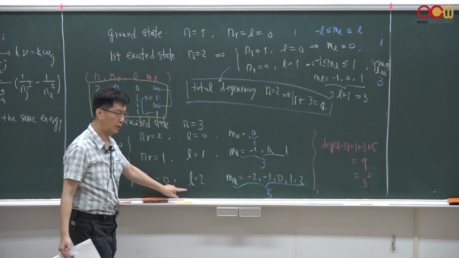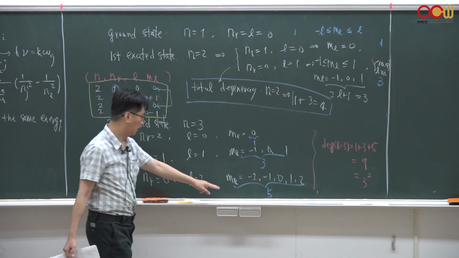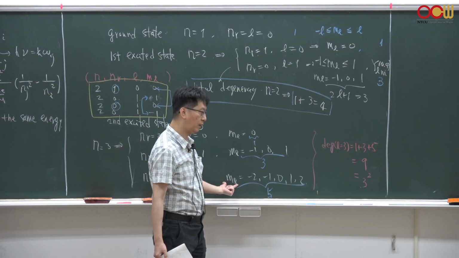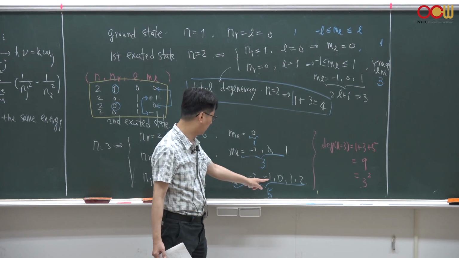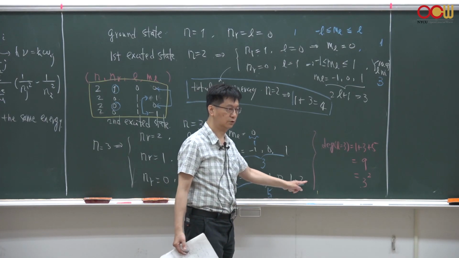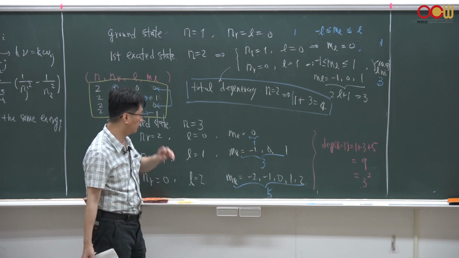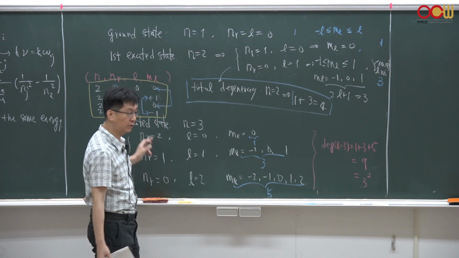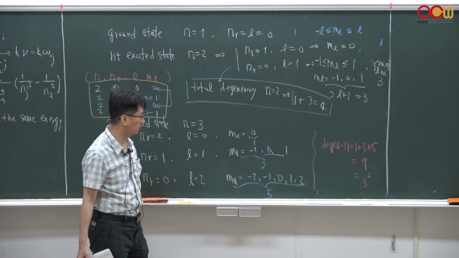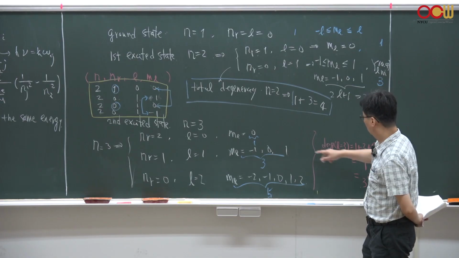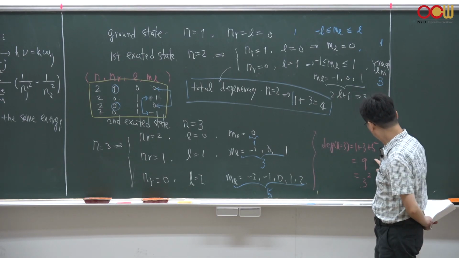And for the bottom case, when L is 2, there are 5 degenerate states with different ml ranging from minus 2, minus 1, 0, 1, 2. All these states have the same eigenenergies; they are degenerate states for n equal to 3. What is the degeneracy then? Simply the sum of the number of states, 1 plus 3 plus 5 equals 9.